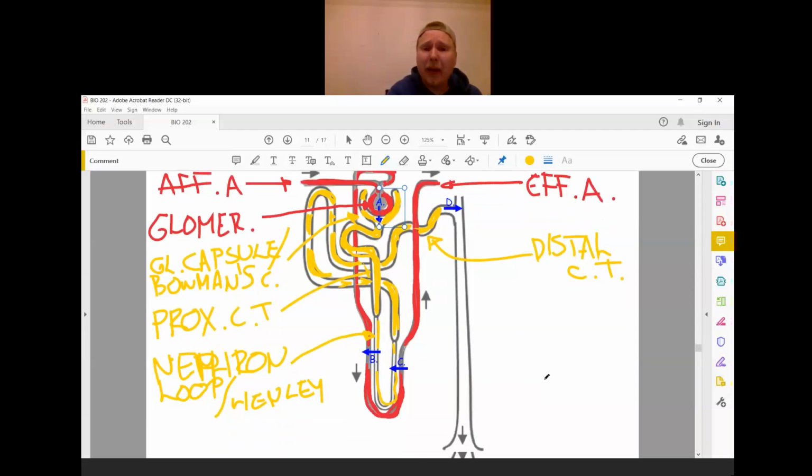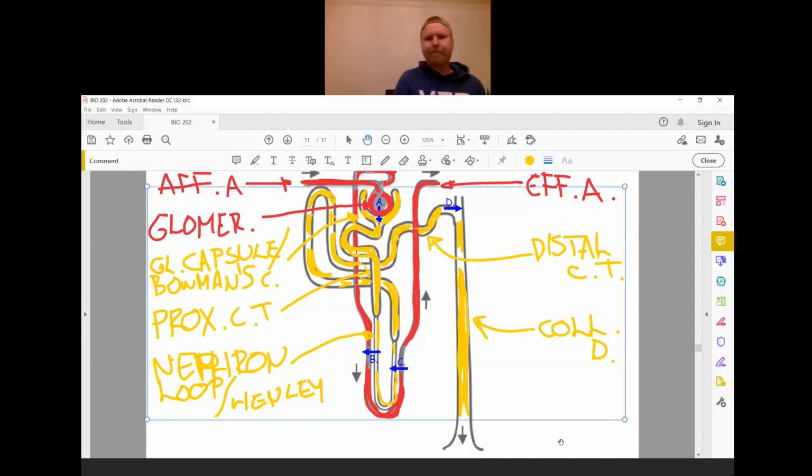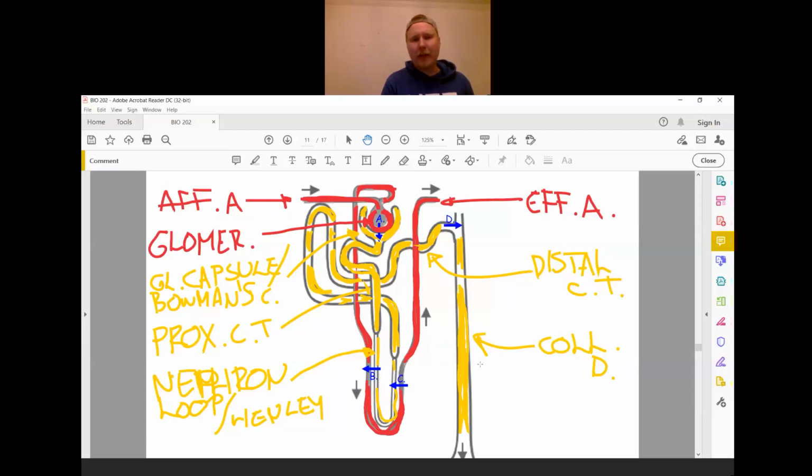And finally, the last part, which is going to be our collecting duct. The collecting duct receives the urine output from multiple nephrons and then passes it towards the calyx. So that's our nephron, the main parts of the nephron that we need to know.